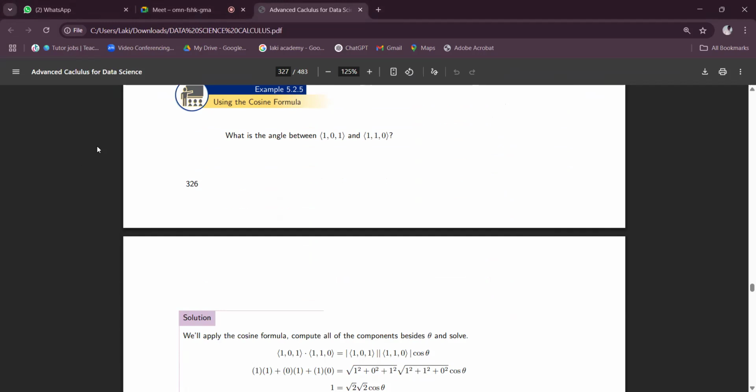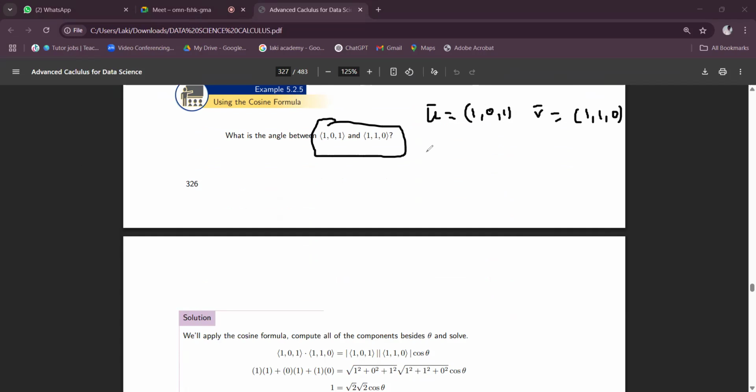Here the question is to find the angle between two vectors. Vector u is 1, 0, 1. Vector v is 1, 1, 0. First do the dot multiplication. So it's going to be 1 plus 0 plus 0.